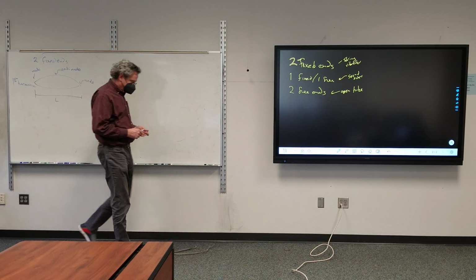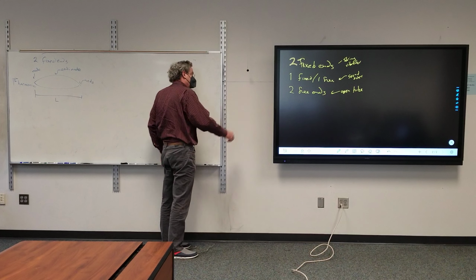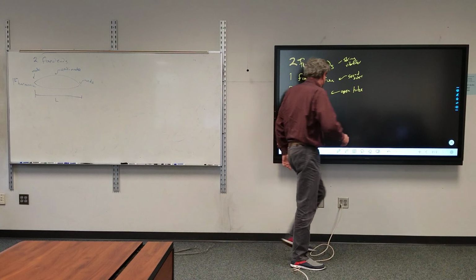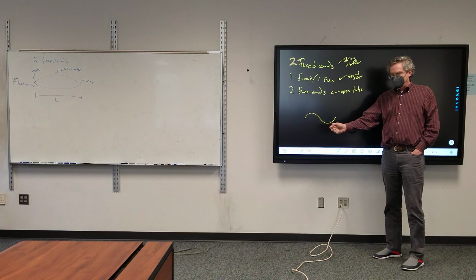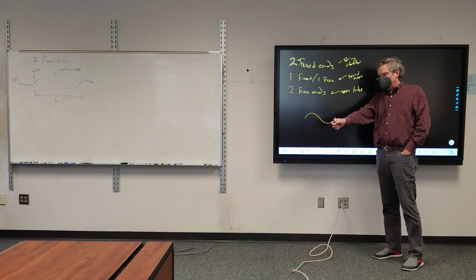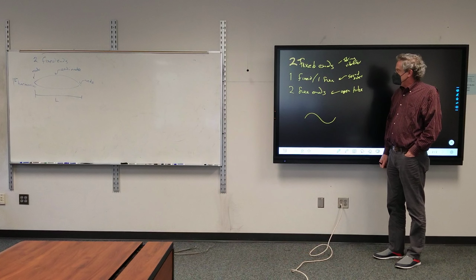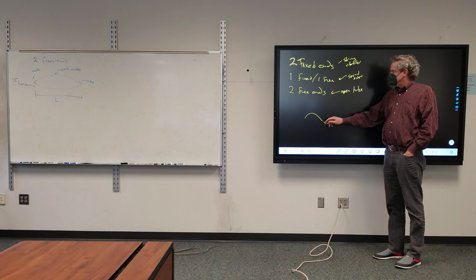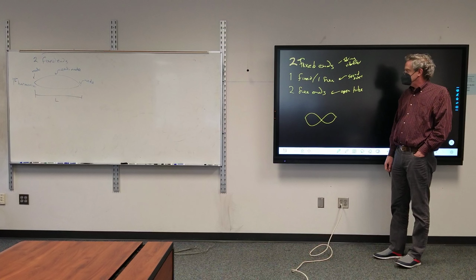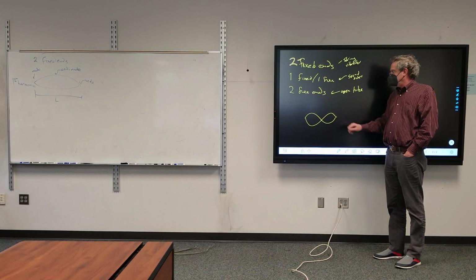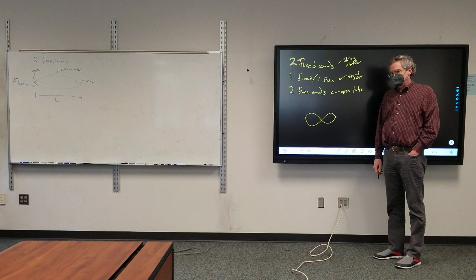Well, a full wave looks like that. That's a full wave right there, because that's the time it takes for me to move from one direction all the way to the other direction and then back to the starting point. If that were a standing wave, it would look like that, with three nodes and two antinodes.